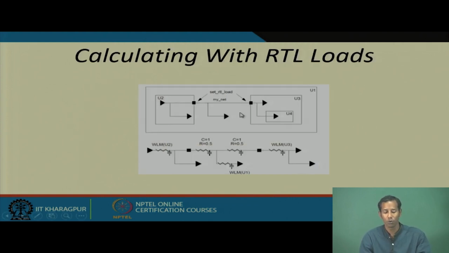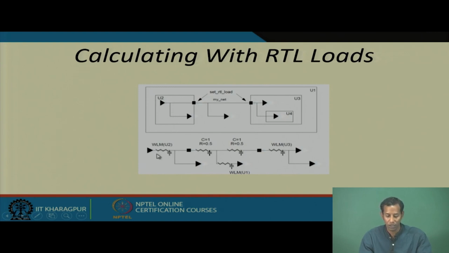So, now how these tools basically calculate the corresponding net delays is that, suppose U1, U2 is one of the blocks, U3 is another block. Now, they are basically connected with these nets. All of this is connected with a wire load model.